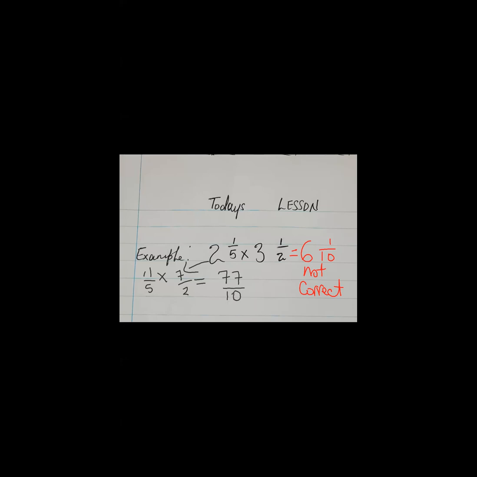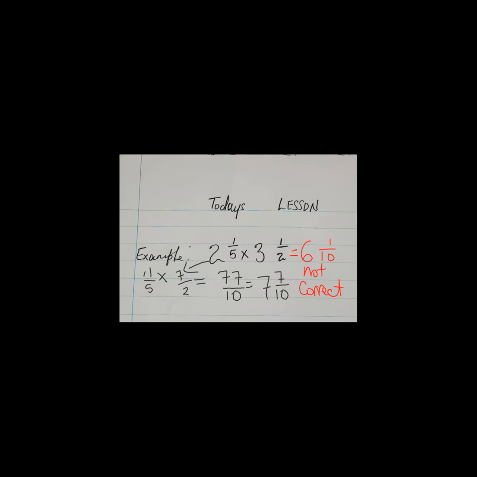Now let us simplify. 77 over 10 is going to equal 7 and 7 over 10. So just like that, that is how you would have to do it. So you cannot multiply the whole numbers and then multiply the fractions. That is a no-no.